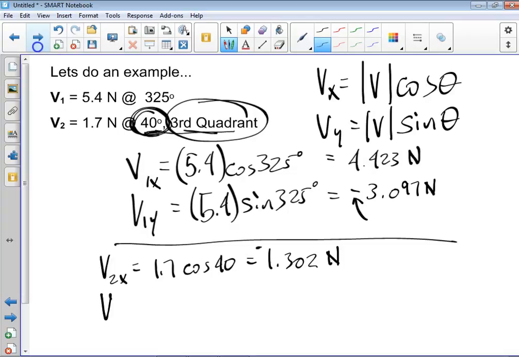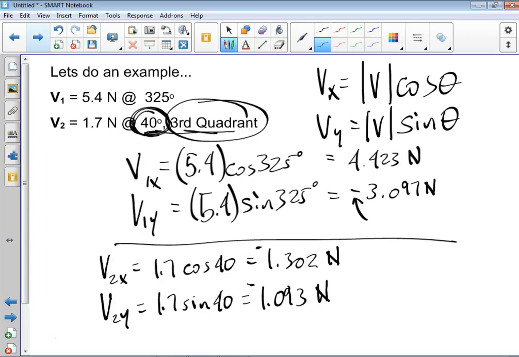And I do the same thing for the y. So vector 2 y component is going to be 1.7 times the sine of 40 degrees, but account for the fact that you're in the third quadrant. 1.7 times sine of 40 is 1.093. Also in the third quadrant, y is also negative, so I have that.